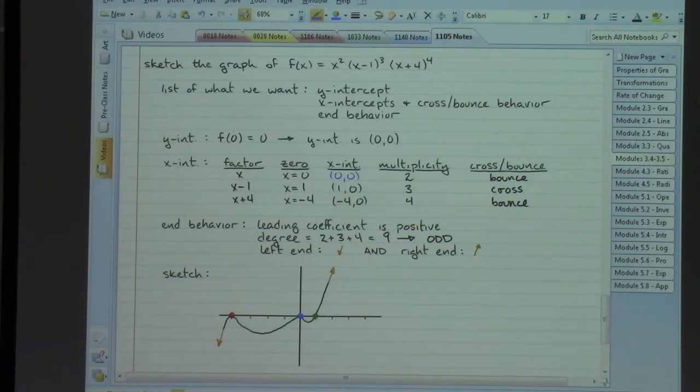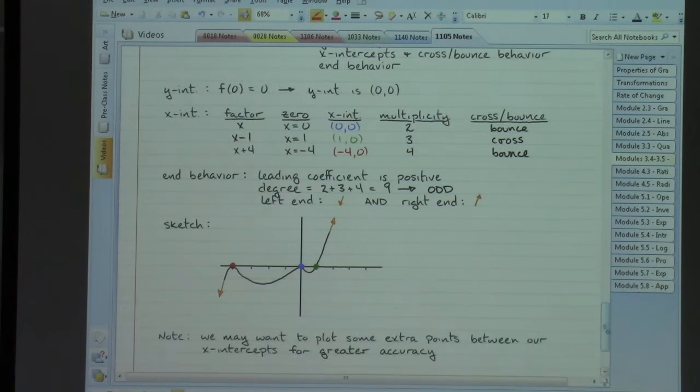And our (1, 0) is listed in green in that drawing. And the (-4, 0) is listed in red in that drawing. Our end behavior is in orange.